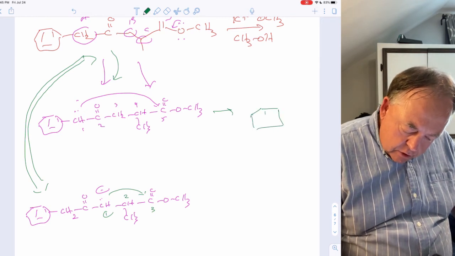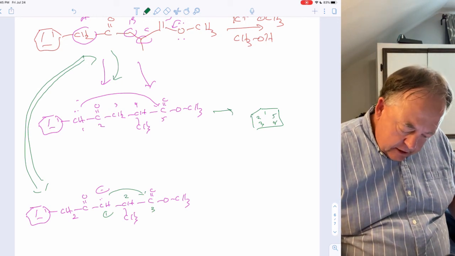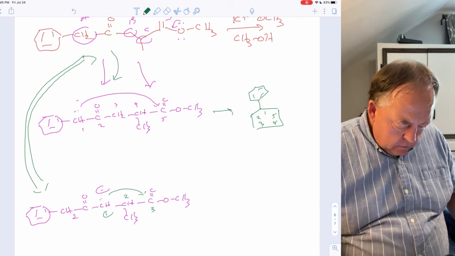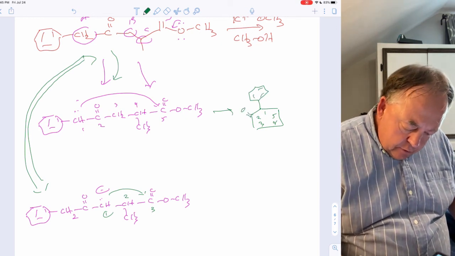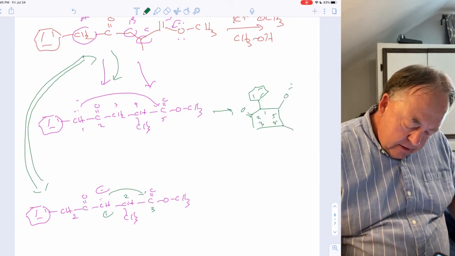So let's call this 1, 2, 3, 4, 5. So 1 has a benzene ring attached. 2 has a C double bond O. 3 is a CH2. 4 has a methyl group attached. 5 has the O minus now, and the OCH3.